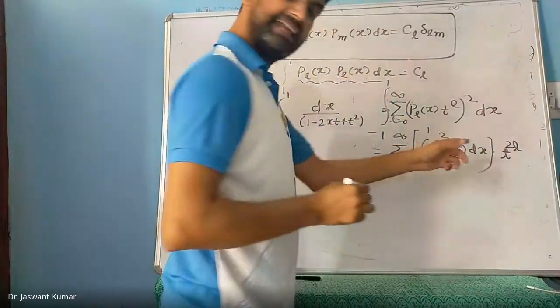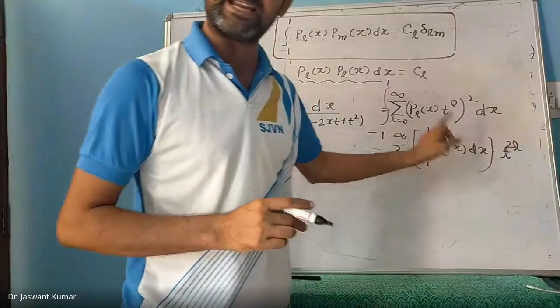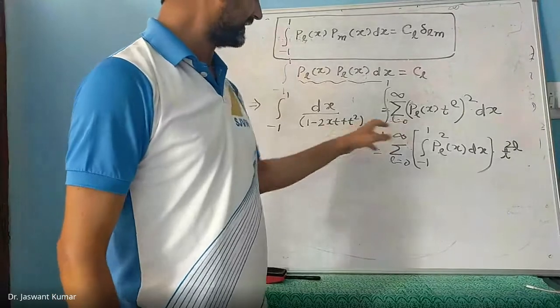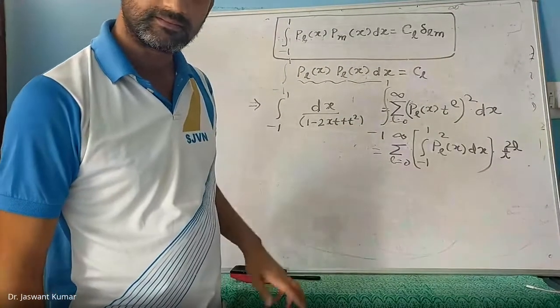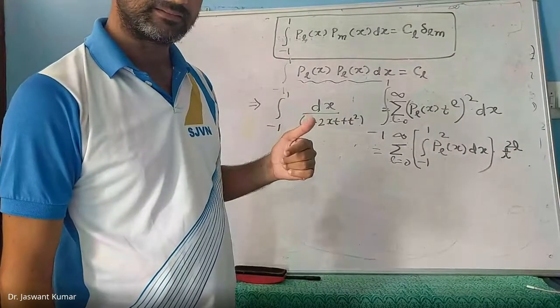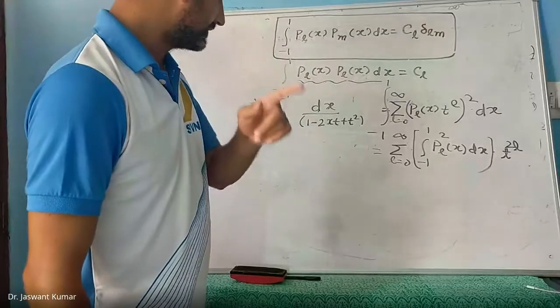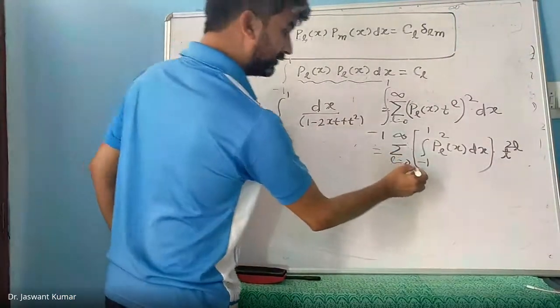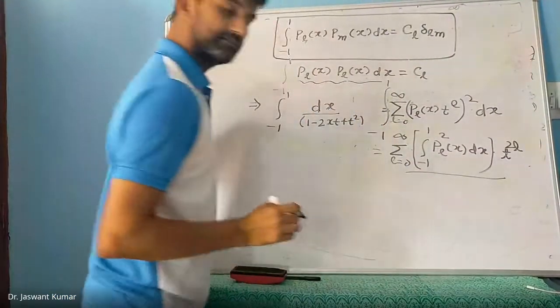Why? We can take it because t is independent of x. T and x are two independent variables. Are you getting it? Yes, sir. Okay, good.